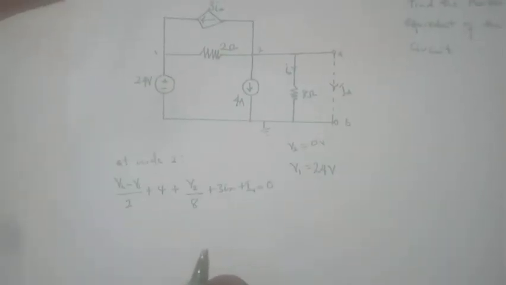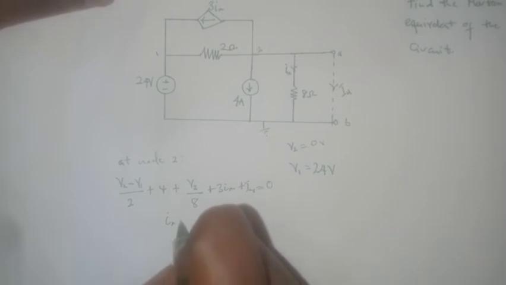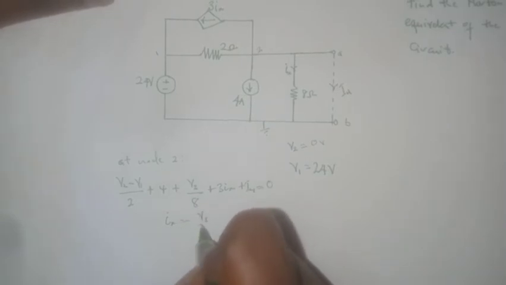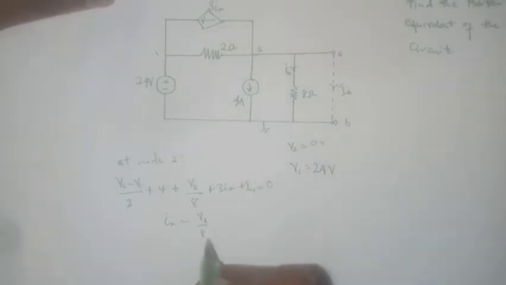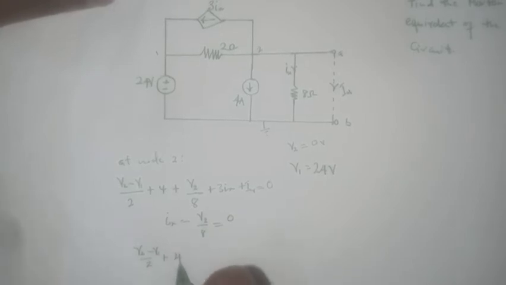We should pay attention to the fact that Ix equals V2 over 8, and since V2 is 0, all of this will be equal to 0. So this term and this term are 0. So you can say (V2 minus V1) over 2 plus 4 plus I_N equals 0.